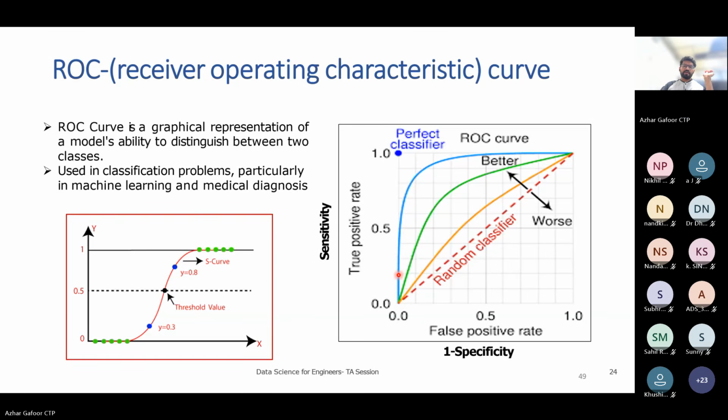So the area under the curve has to be maximized. If we change the threshold, say we keep the threshold at 0.5, whatever comes above 0.5 will be in one class and below 0.5 in another class.